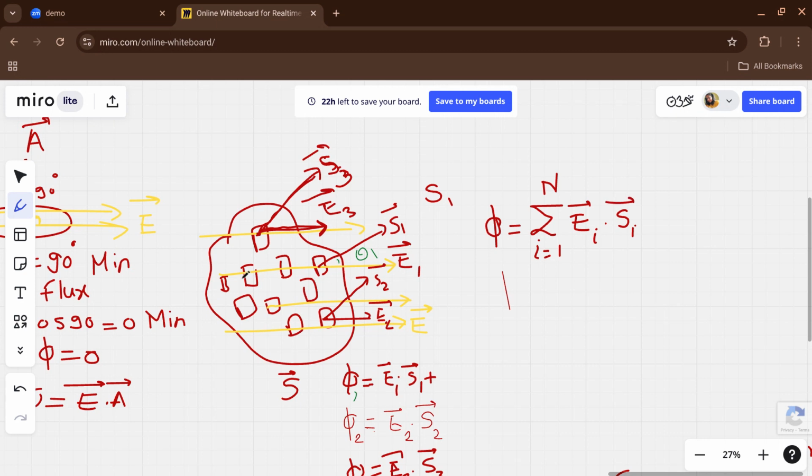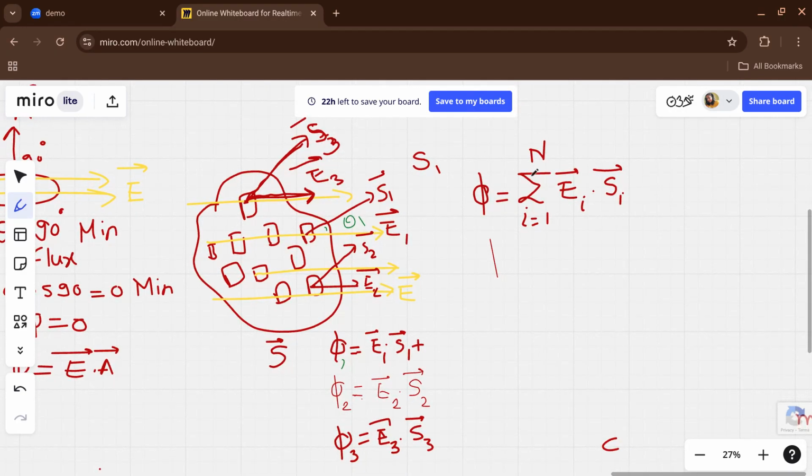But if there are infinitely many small area elements, then instead of taking the summation, we would calculate flux as a closed loop integration over the surface area S of E bar dot S bar. So here again, you have to find the integration of E bar dot S bar.